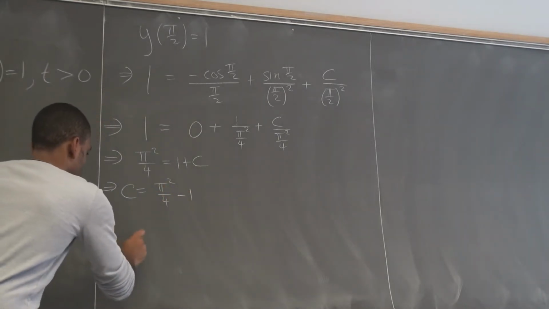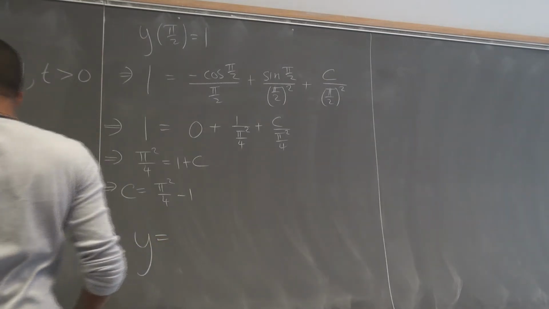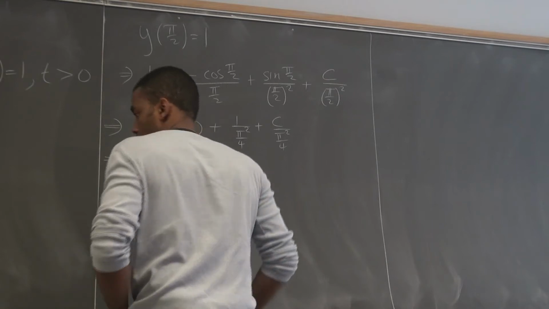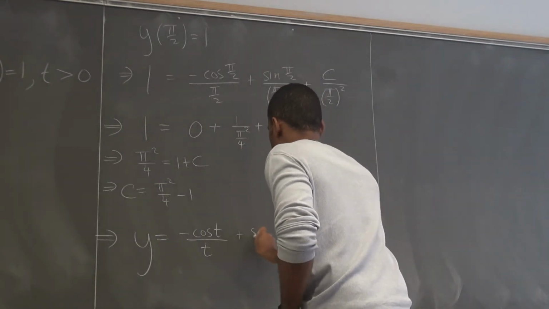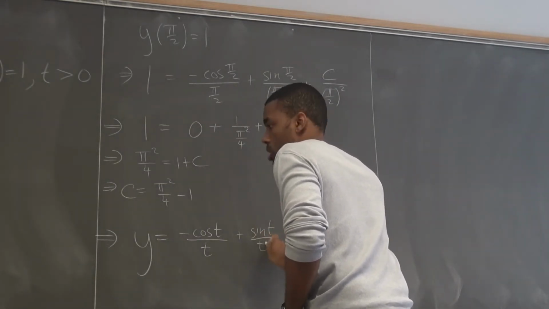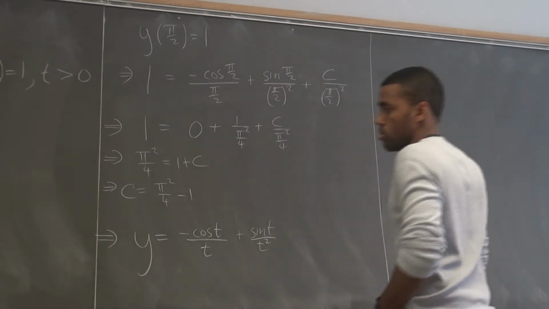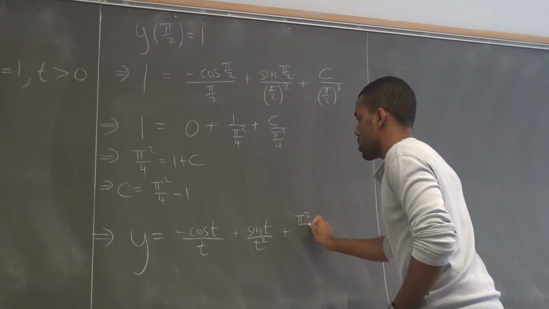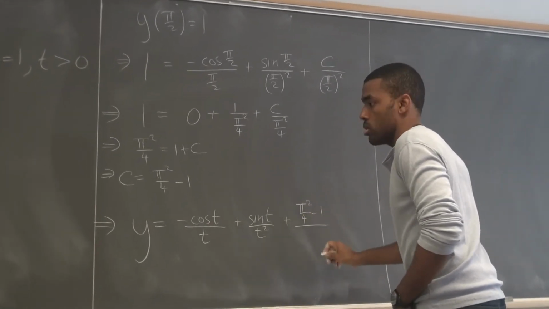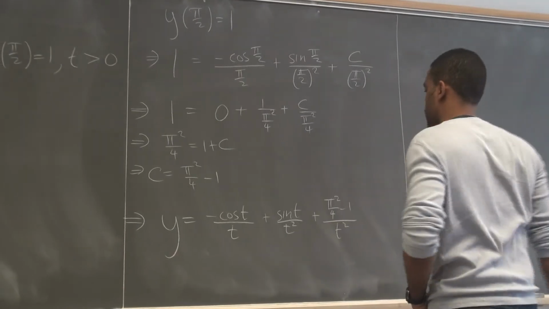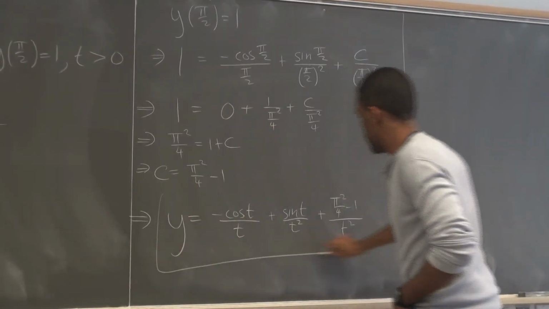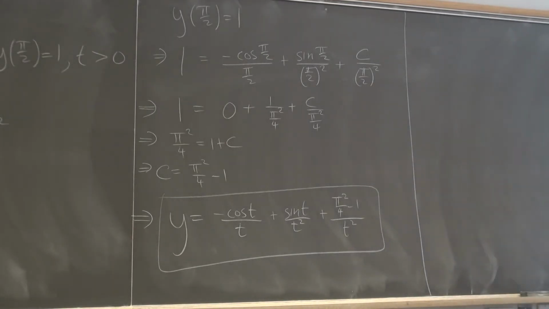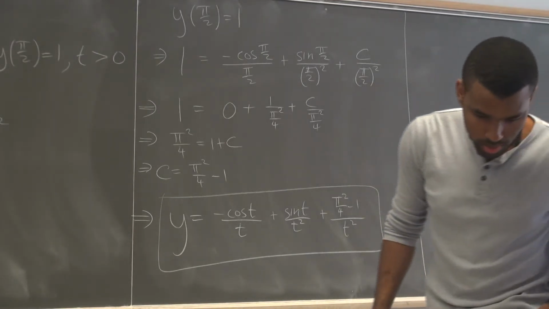This means that my y would be minus cosine t over t plus sine t over t squared plus pi squared over 4 minus 1 over t squared. And that is the solution.